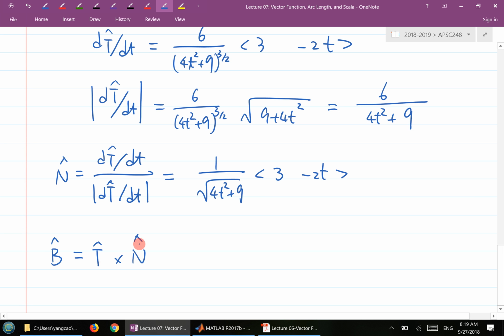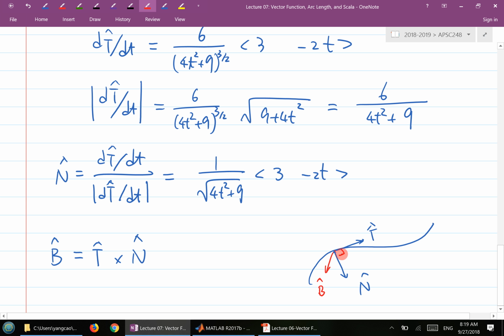If you recall, given any curve, you can always calculate the T hat, you can always calculate the N hat, and then if you use T cross N, you'll get the B hat, which is the binormal unit vector.